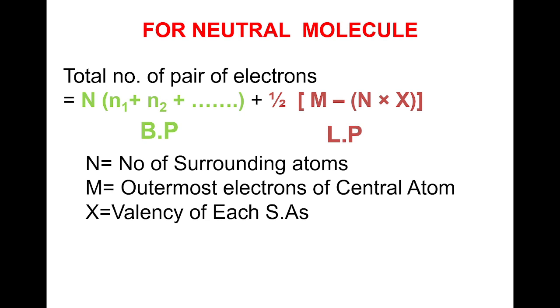So the bond pair part depends upon the surrounding atoms, and the lone pair depends upon this other part. Combined, the number of bond pairs and the number of lone pairs of electrons predict the shape of molecules. This formula is for neutral molecules.